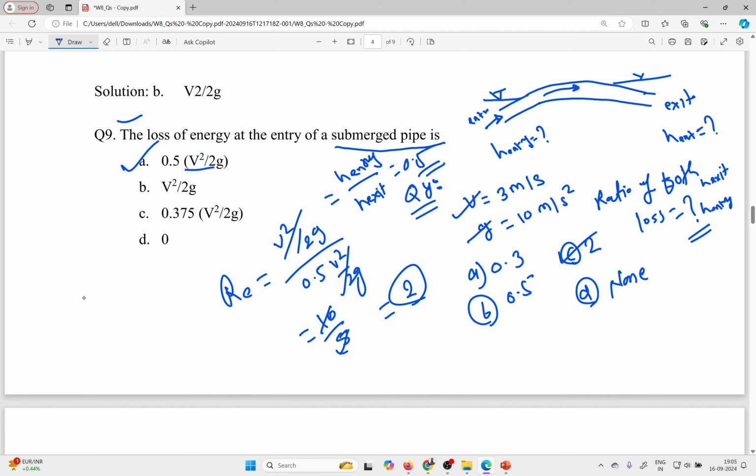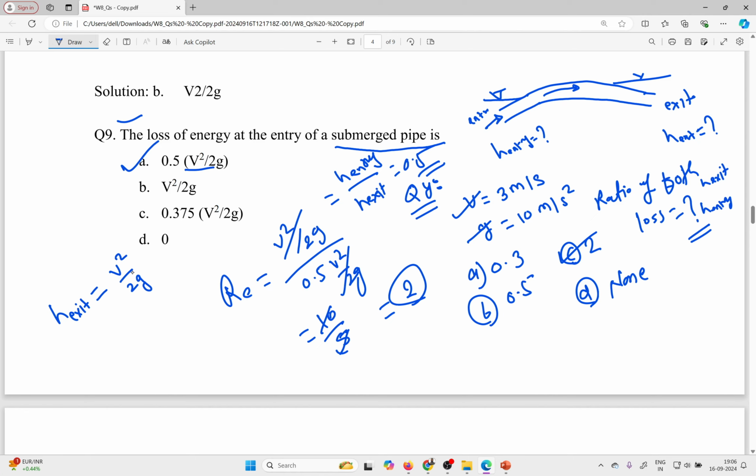Your H entry, H exit, that is the loss at the exit point, is V square by 2g.